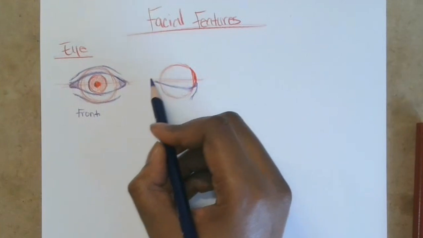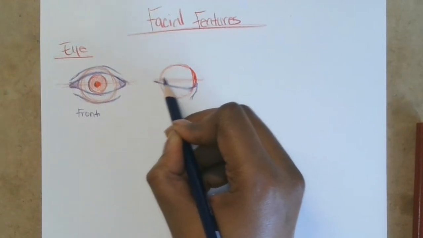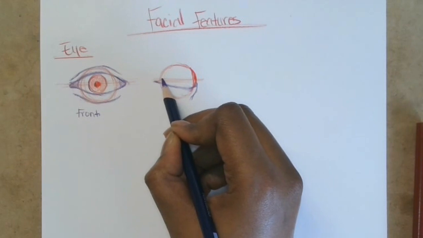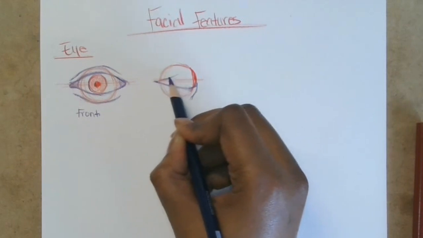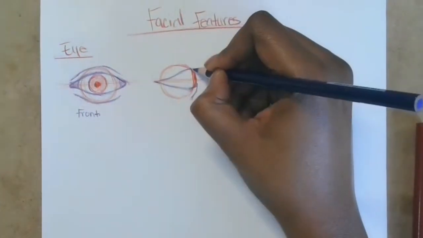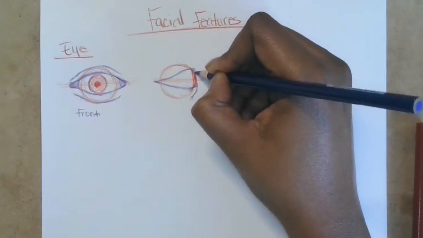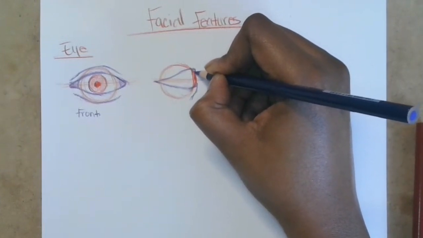Now on to the top. I'm actually going to start at the corner first. Here I'm going to curve upward. And giving this a little more dimension, this little speck is the top inside of the eyelid.